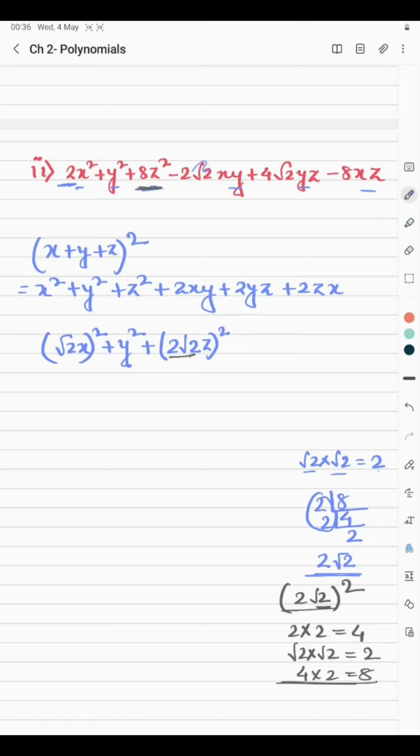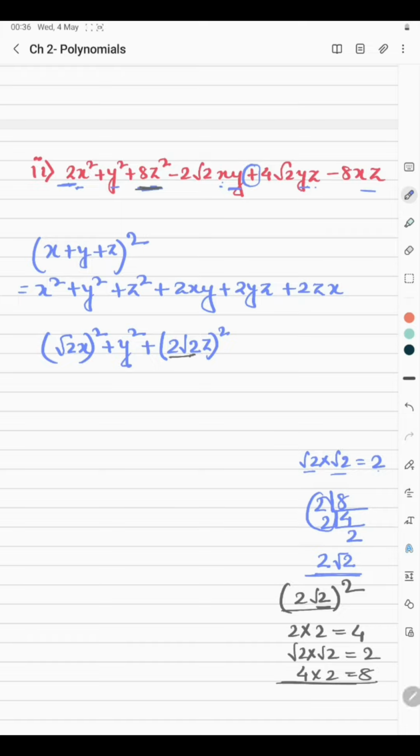Now here we will have to check with the xy term which sign is given. It's minus. So that means either the x term is negative or the y term is negative. Now if you check the next term, we have been given the yz term, and we can see that the yz term is positive, right? That means y and z both are positive.